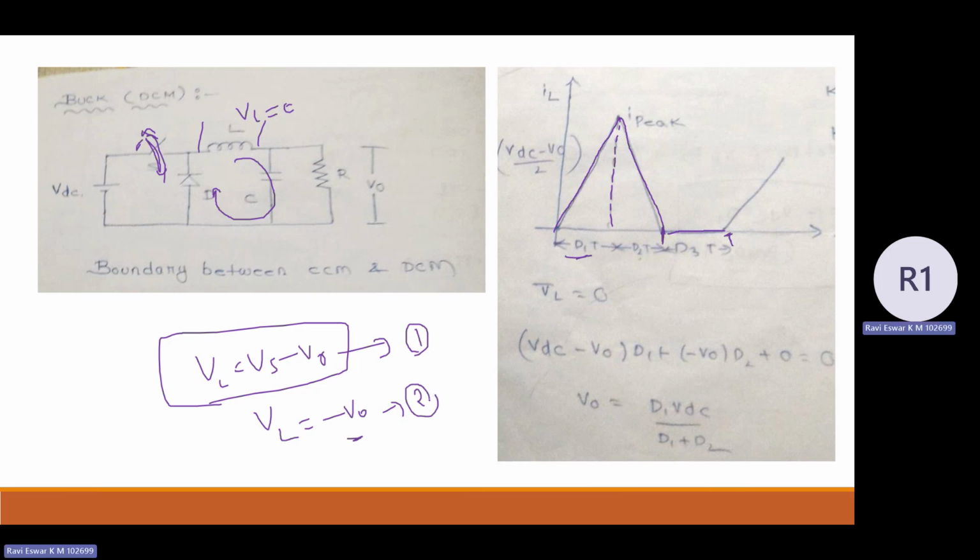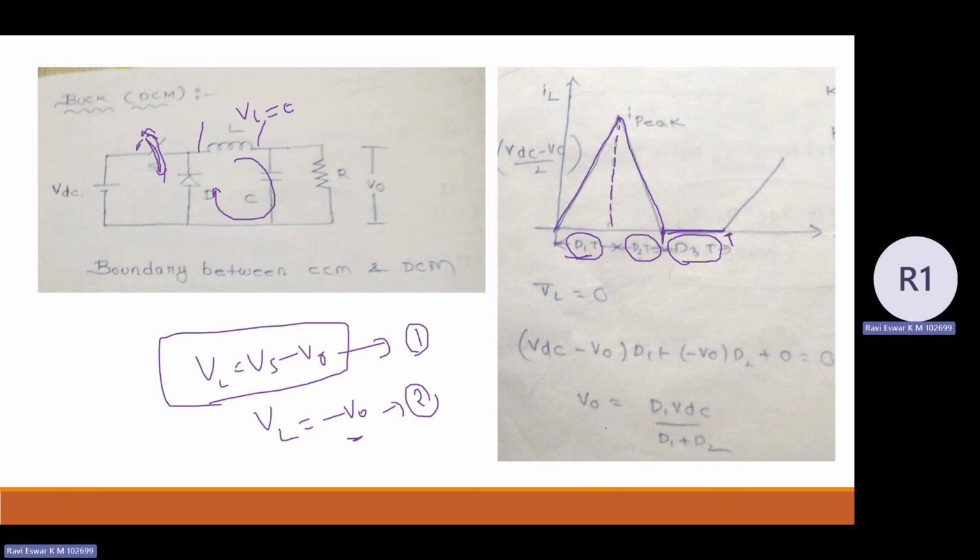Now there is one more instant where the inductor voltage is zero, because the inductor current is zero. Take that instant as a duration of D3 into T. Here you can see the three divisions of modes: D1 T represents mode 1, D2 T represents mode 2 where the inductor current is discharging, and D3 T represents mode 3 where the inductor current is 0 and the inductor voltage is 0.